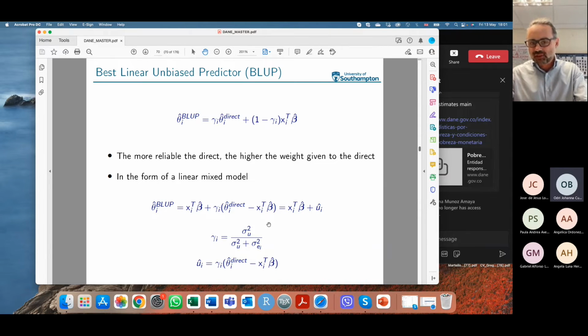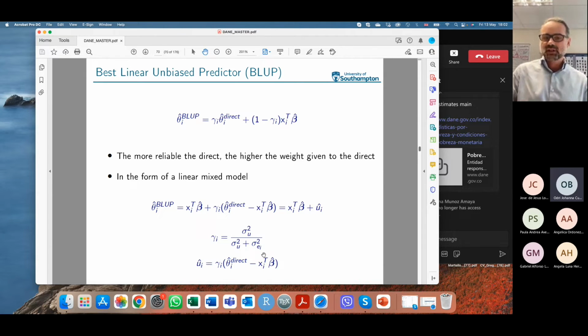And this second part is a predicted random effect. So you can write the BLUP in the form of a linear mixed model as x_i beta hat plus u_i hat, and gamma i is equal to sigma squared u divided by sigma squared u plus sigma squared e_i.